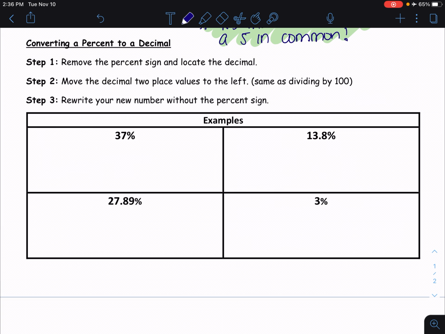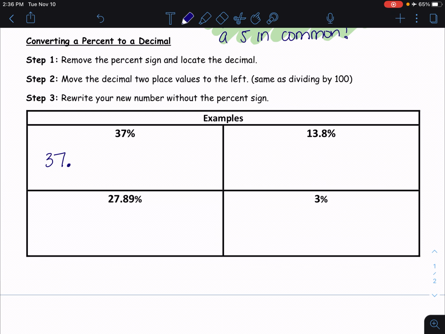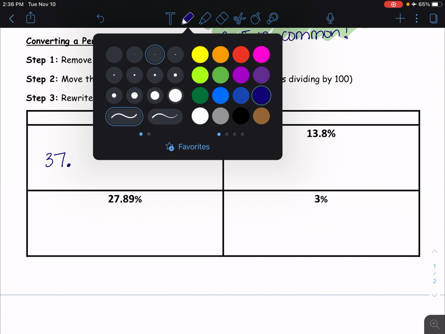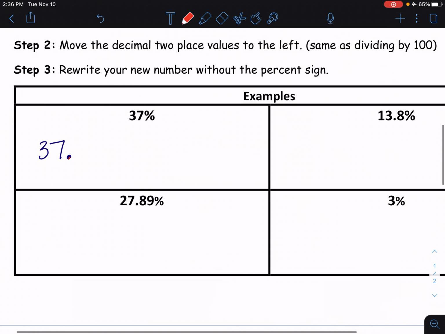So for 37%, the first thing I'm going to do is write it as 37. A number with no decimal written at the end is going to have a decimal at the end of the number. We don't write it, it's kind of invisible, but we're going to put it back in. And now I'm going to move my decimal 2 places to the left. I'm going to show an arrow that says that's why I'm moving it that direction.